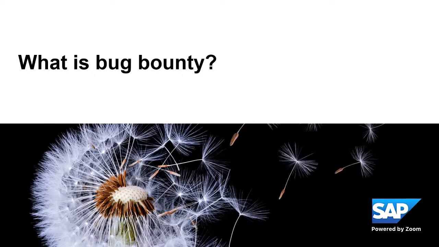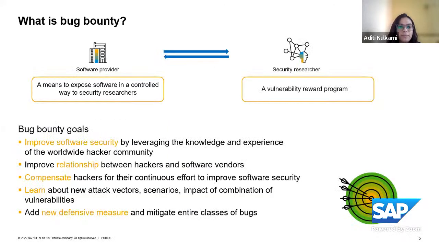Yes, exactly, that's the short form. That's exactly what it is. The researchers find bugs, in this case specifically vulnerabilities in an application. Whenever a vulnerability is reported in any vendor's application, the vendor pays them a bounty as a reward. That is as straightforward as it can get.